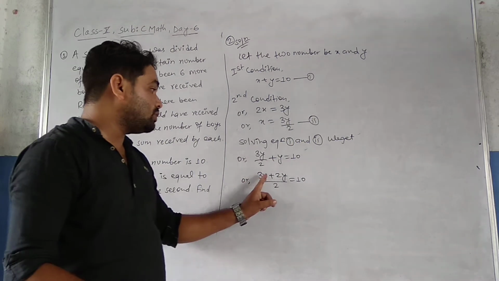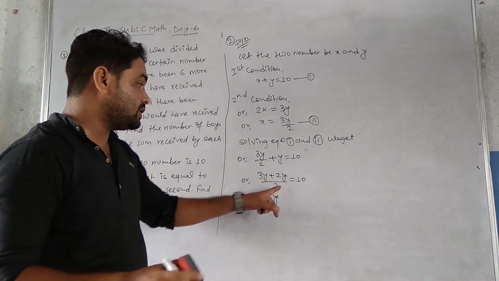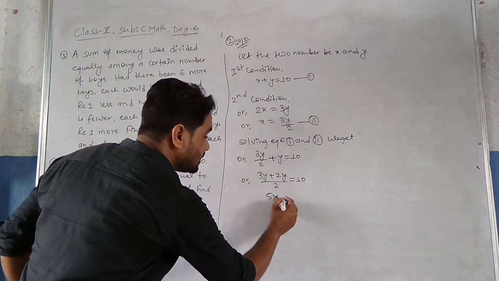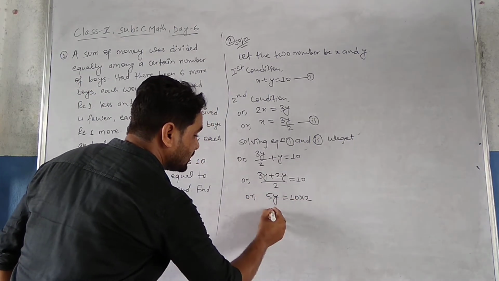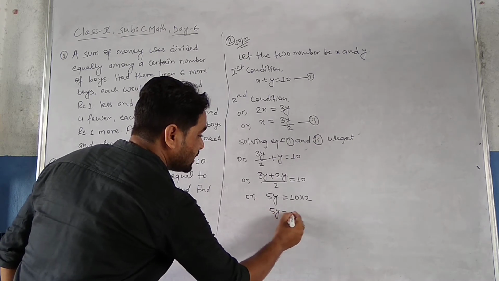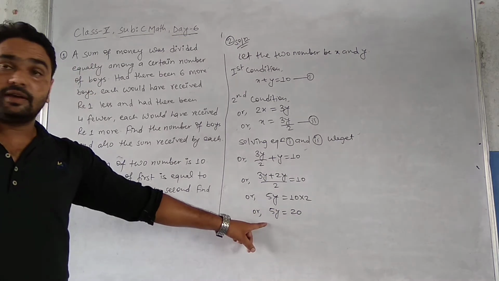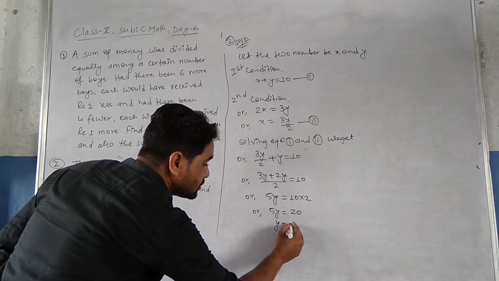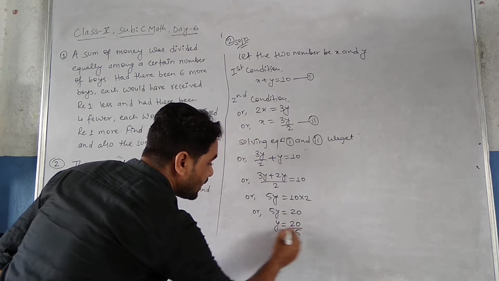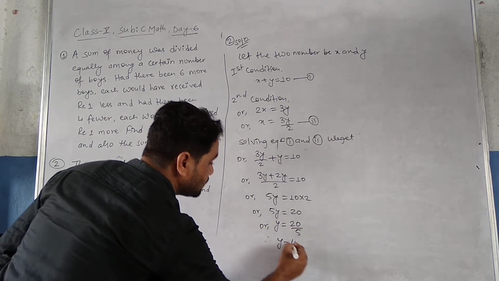Now 3y plus 2y is 5y. And 2 is divided on this side, so we multiply: we get 10 into 2, that is 5y equals 20. And 5 is multiplied on this side, so it becomes divided: y equals 20 upon 5. Therefore y equals 4.